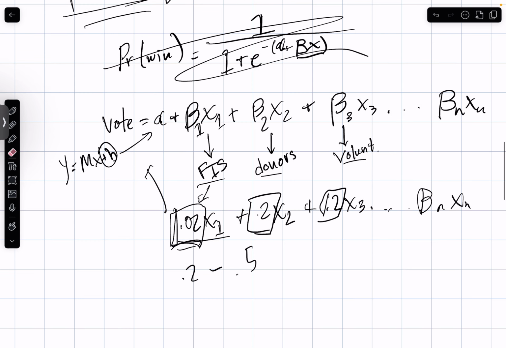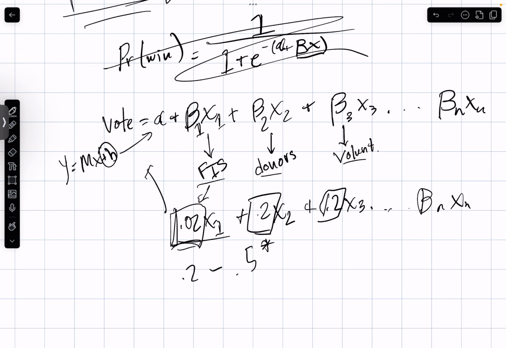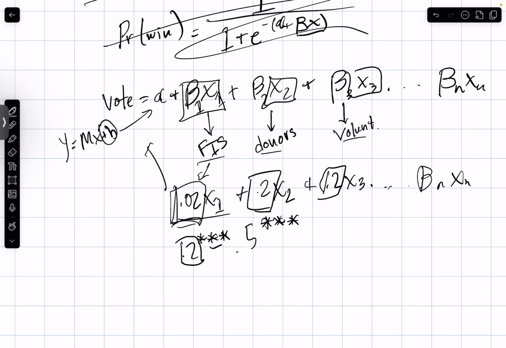What you also want to look out for is statistical significance, which is the stars on the table, usually next to the coefficients, that tell you whether or not the variable, regardless of the size of the coefficient, because the coefficient can be really big and statistically insignificant if your sample size is small, but we don't get into that.